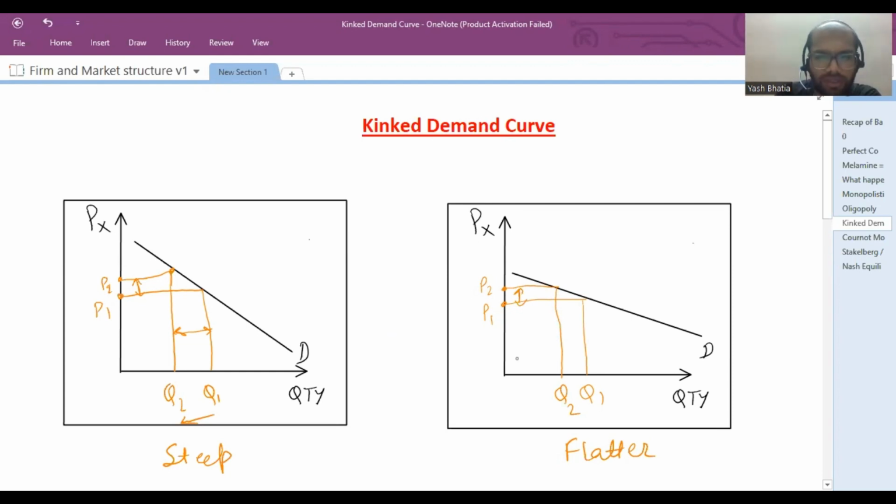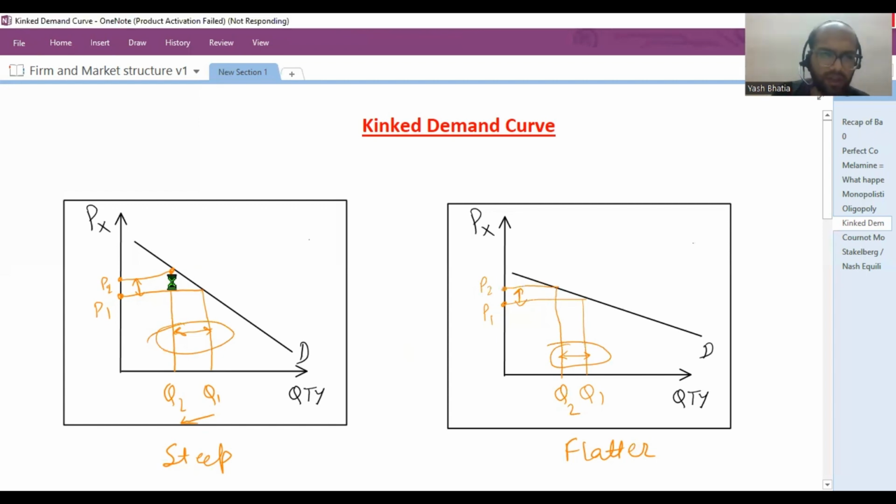So you see this difference is less compared to the difference here, right? This is the difference of change in quantity demanded. That means the fall in quantity demanded for the same unit of increase in price is less in the case of a flatter curve and more in the case of a steeper curve.